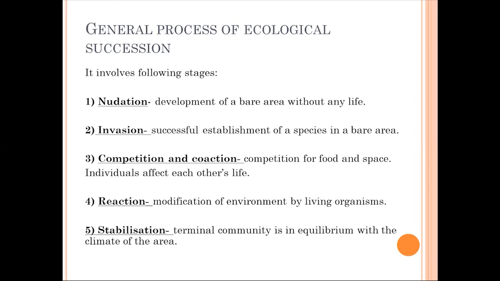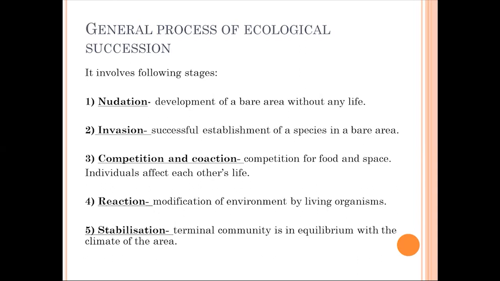Then the third stage is competition and coaction. Now, since the plants are growing very close to each other, the space is limited, or the land which is there is limited. So obviously there will be a competition for food and space between the organisms, and they are going to affect each other's life.